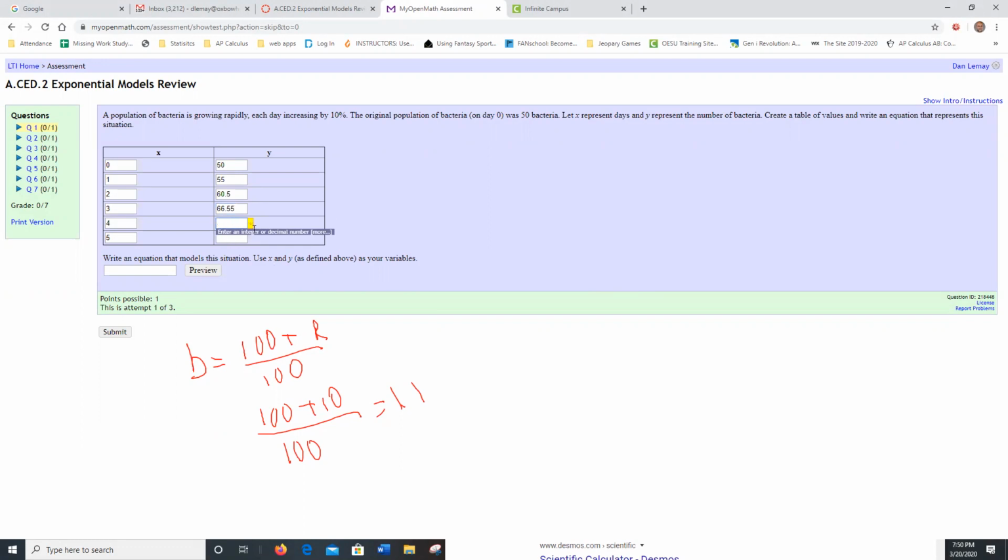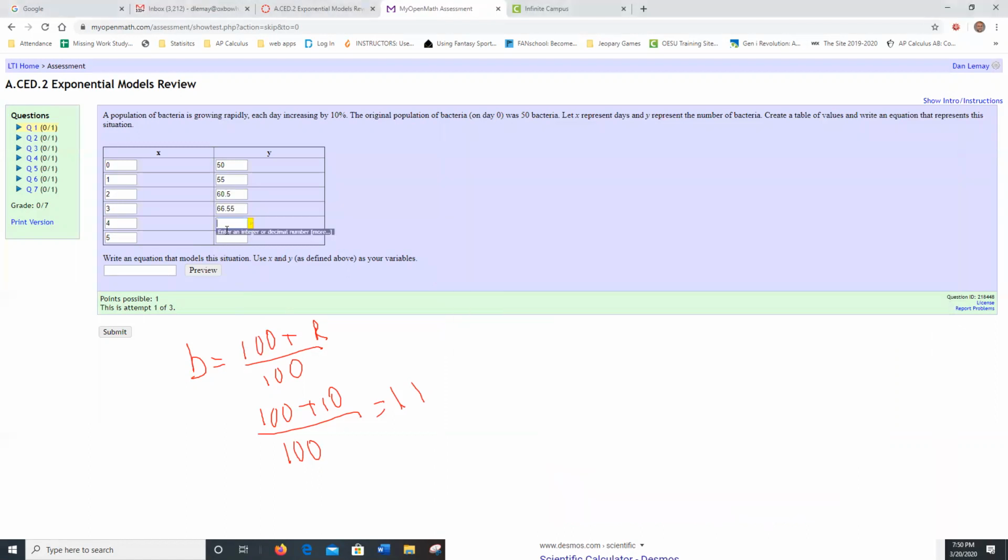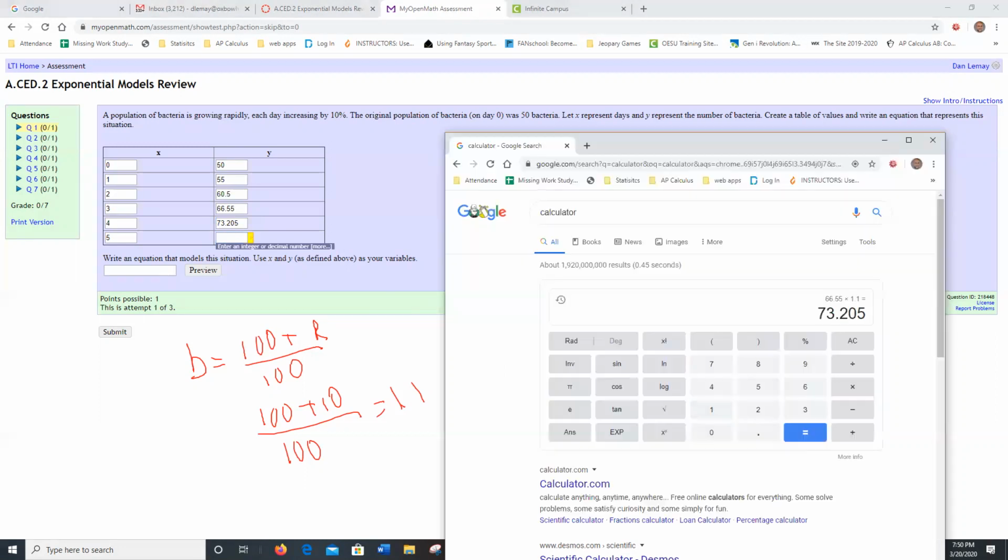They aren't telling me to round, so I'm not going to. So I'm going to multiply by 1.1, and that gives me 73.205. I could probably round because I can't have 0.205 bacteria, but we're going to try to keep the computer happy. Now what am I going to multiply by?